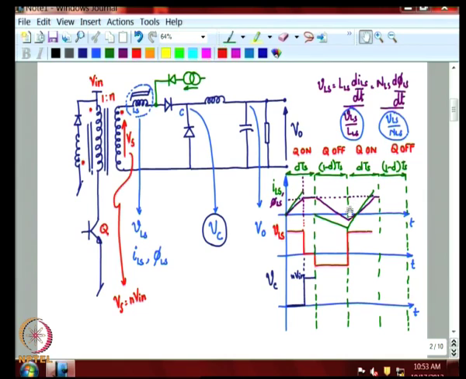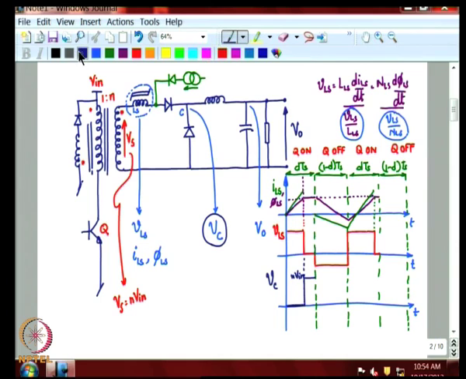And as a result, the starting point for the flux can be different, and when it goes at the same rate, it will intersect at different time points in the D Ts on time, like this. So, at the point when it intersects the saturation flux value, the voltage becomes 0.